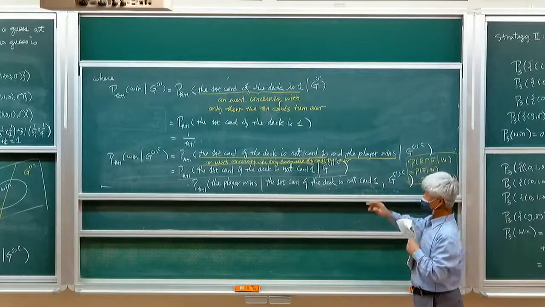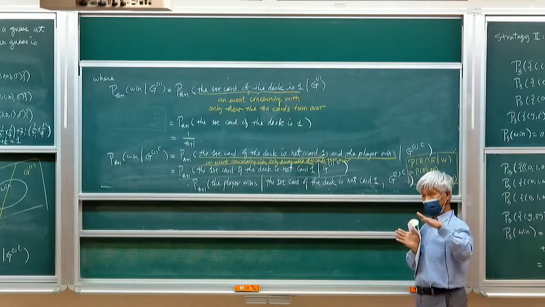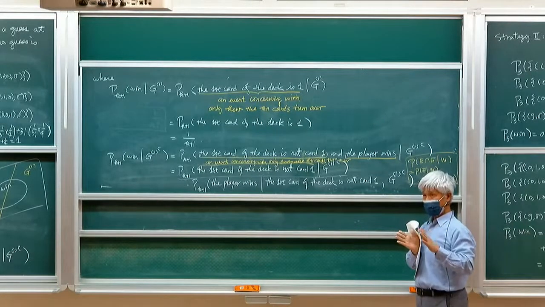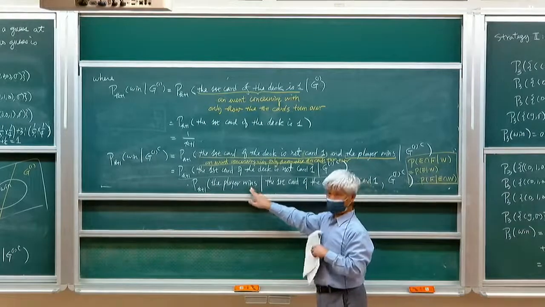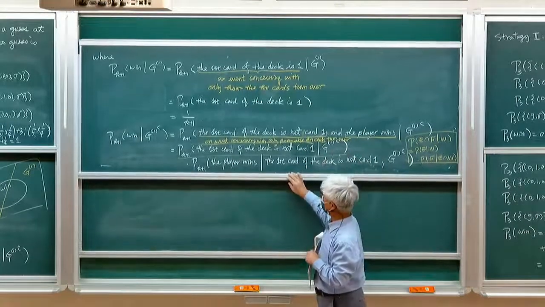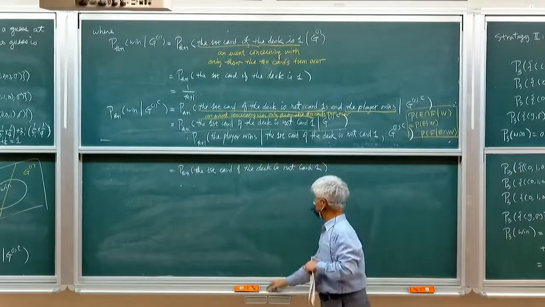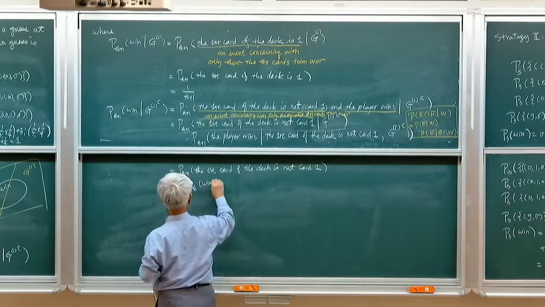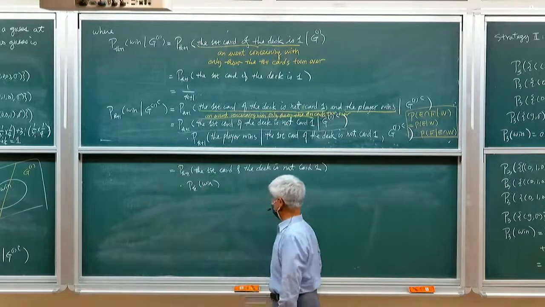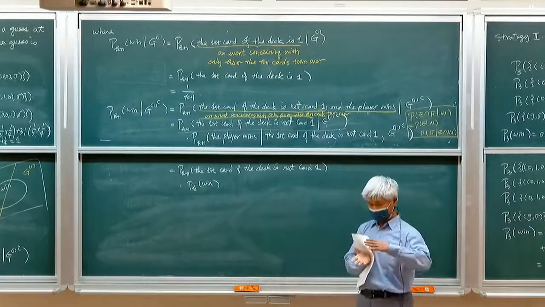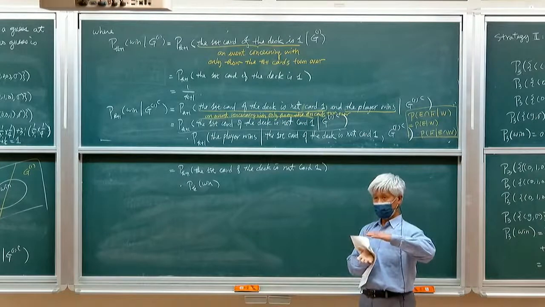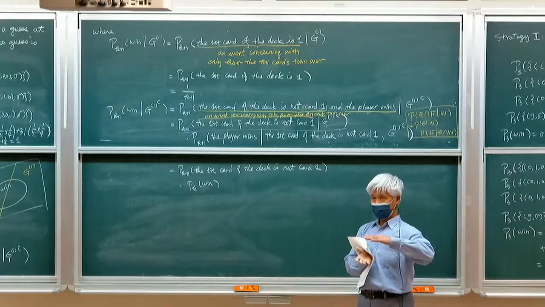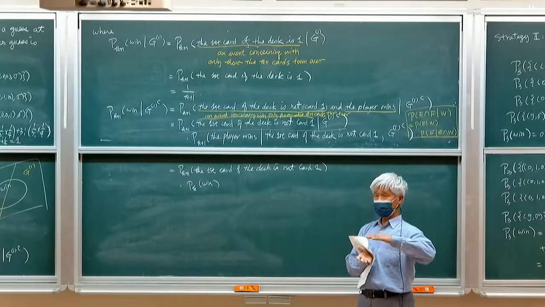So card 1 will be in the rest k cards, and then the player wins. So the situation is similar to P_k and we have win. It's just like we have k cards in the deck, and in the k cards we have a number 1 card inside.